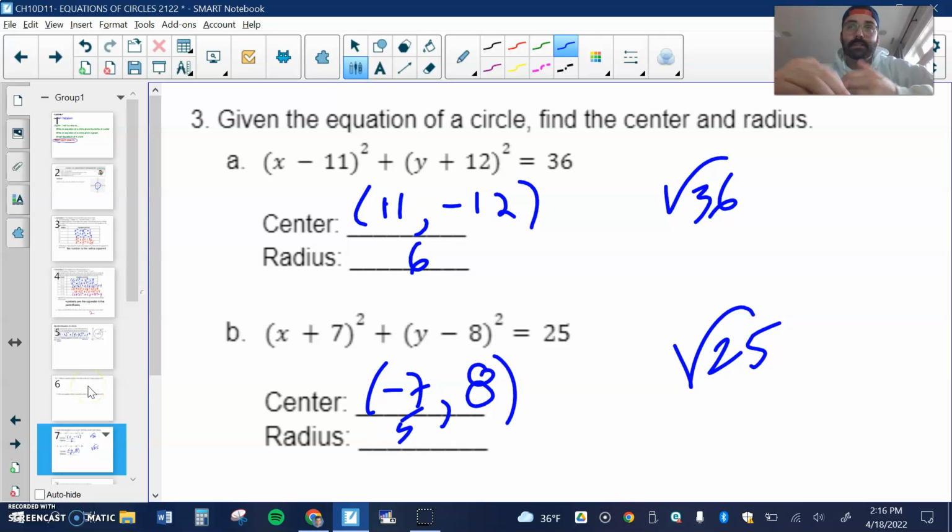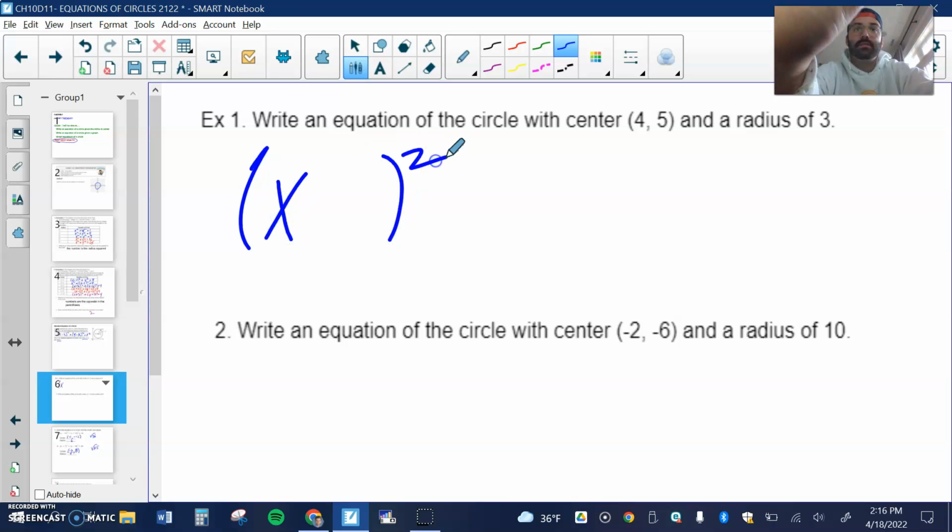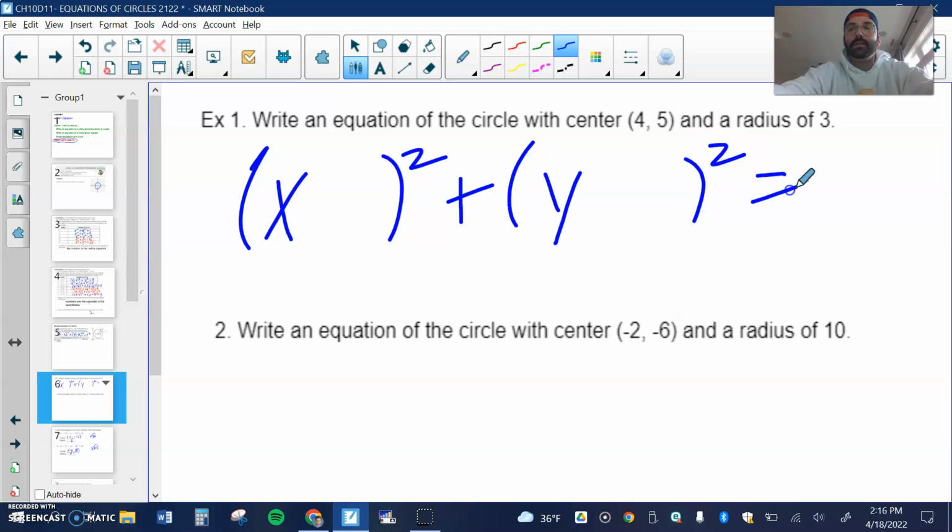So let's go write our own equations now. With a center of 4 comma 5 and a radius of 3. So if the center is 4 comma 5, x something, y something equals, well, what is 3 squared? 3 squared is 9.